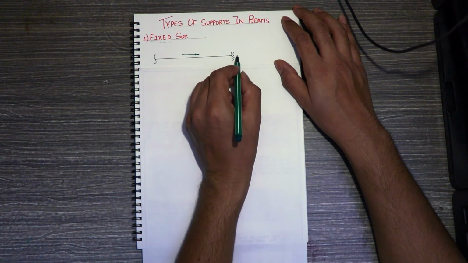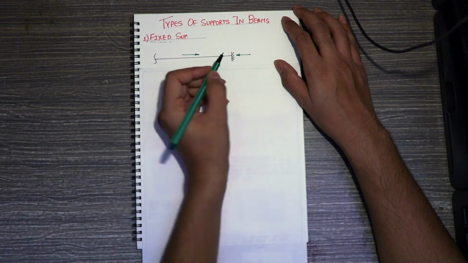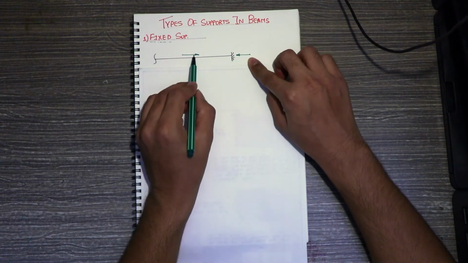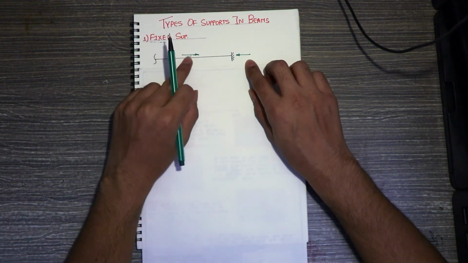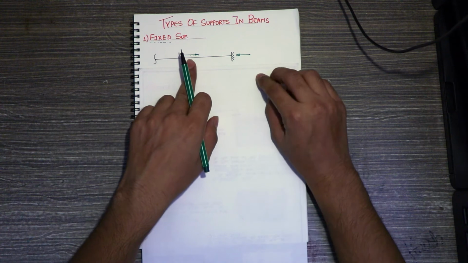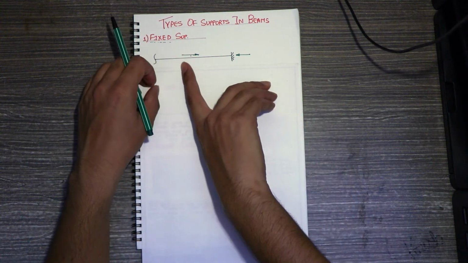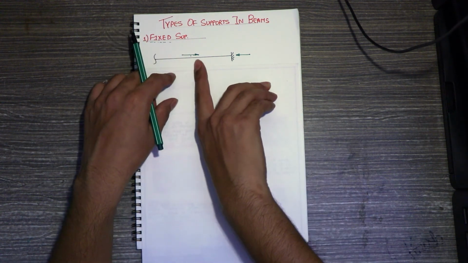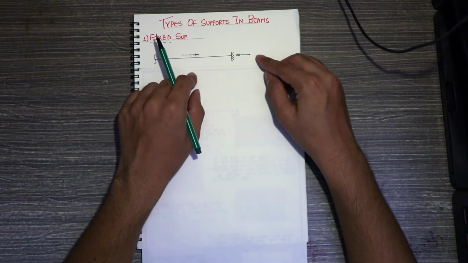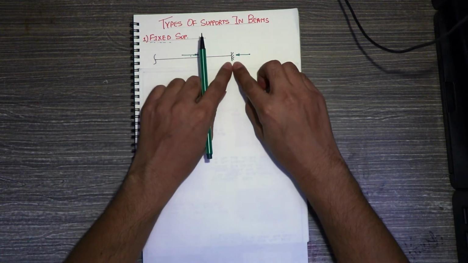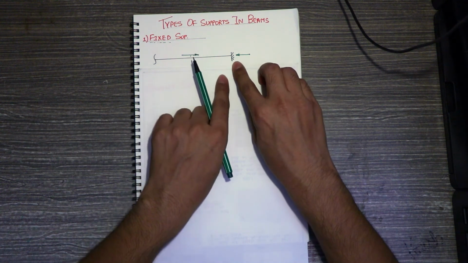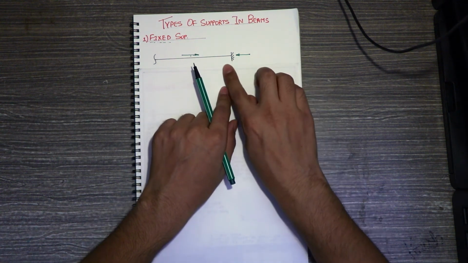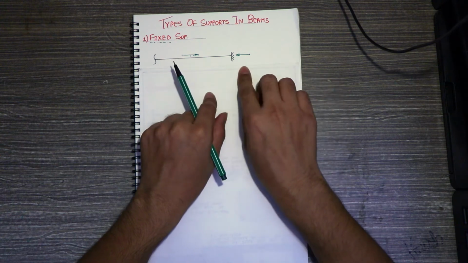There will be a reaction initiated inside the joint or support, which will be in the opposite direction of the force imposed. Basically, if you apply a force towards the right hand side, then a reaction will be generated inside the fixed support, which will be opposite in direction, and hence it won't allow the support to move or translate in the horizontal direction.